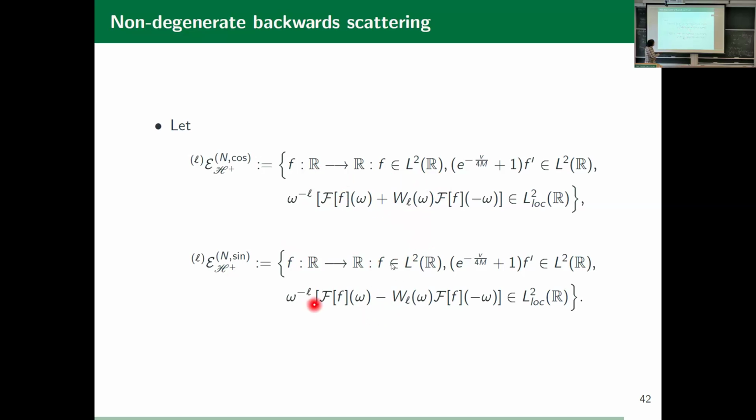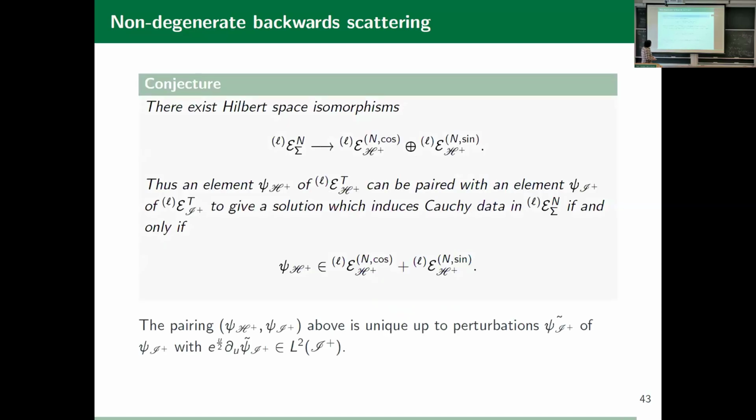And then this is the space of radiation fields that arise out of evolution from 0 L2. Okay, so then we do have a Hilbert space isomorphism, which is nothing but the canonical isomorphism that you get from having a map between H1 and EH plus N cosine, and then L2 and EH plus N sine.